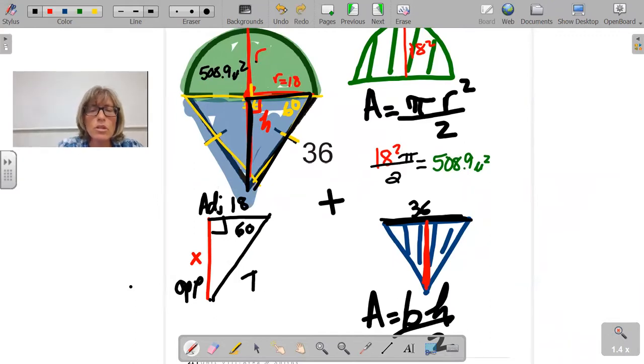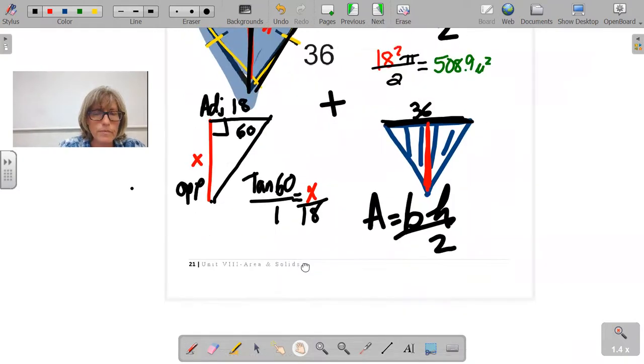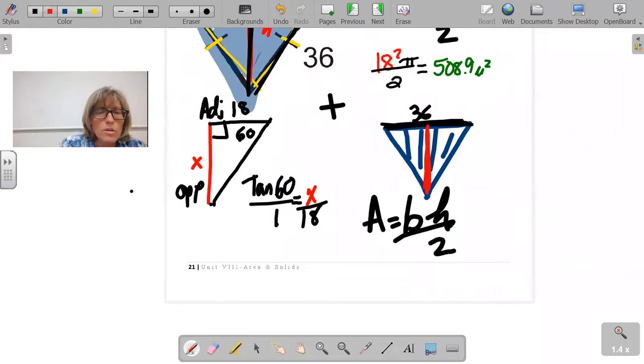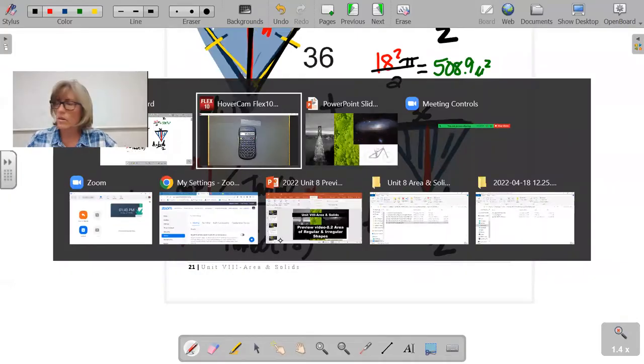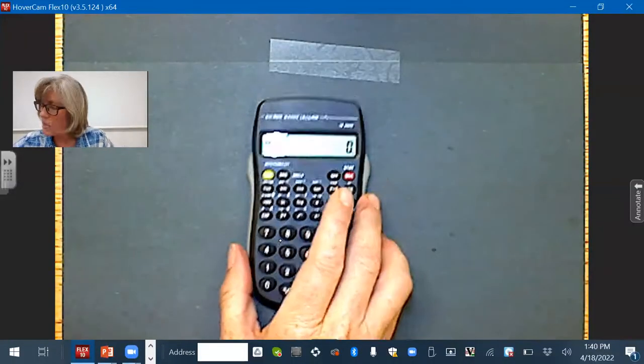So the tangent of angle 60 is our opposite, which is our unknown, times our adjacent, which is 18. So x will equal tan 60 times 18. X equals tan 60 times 18.